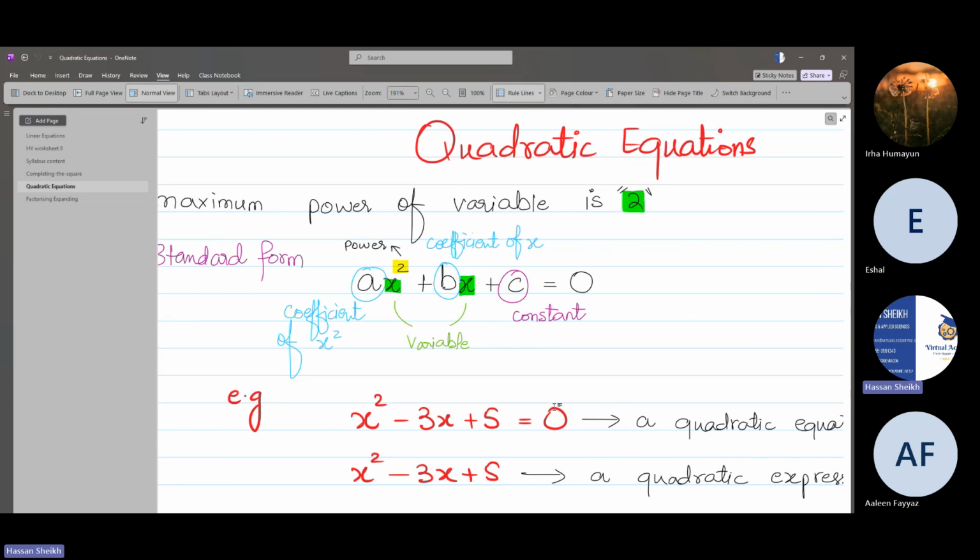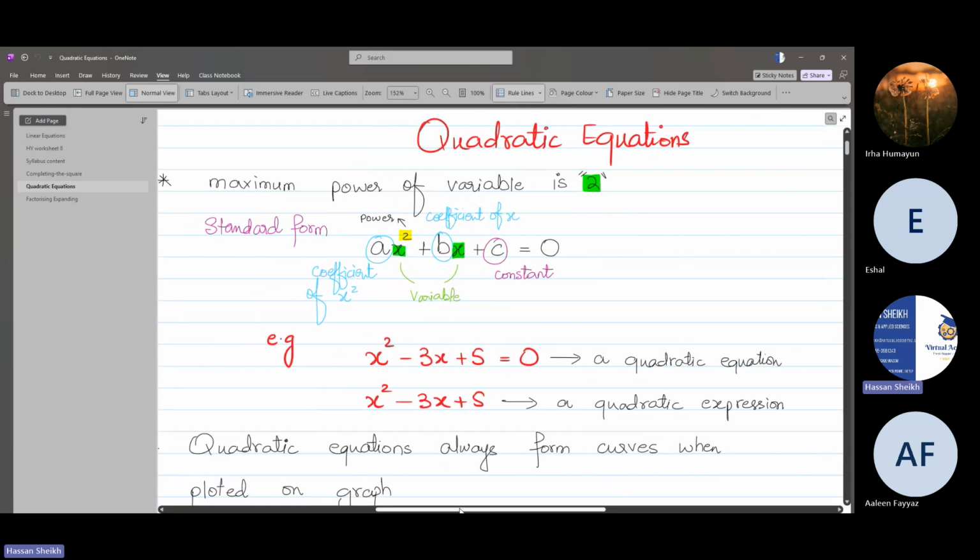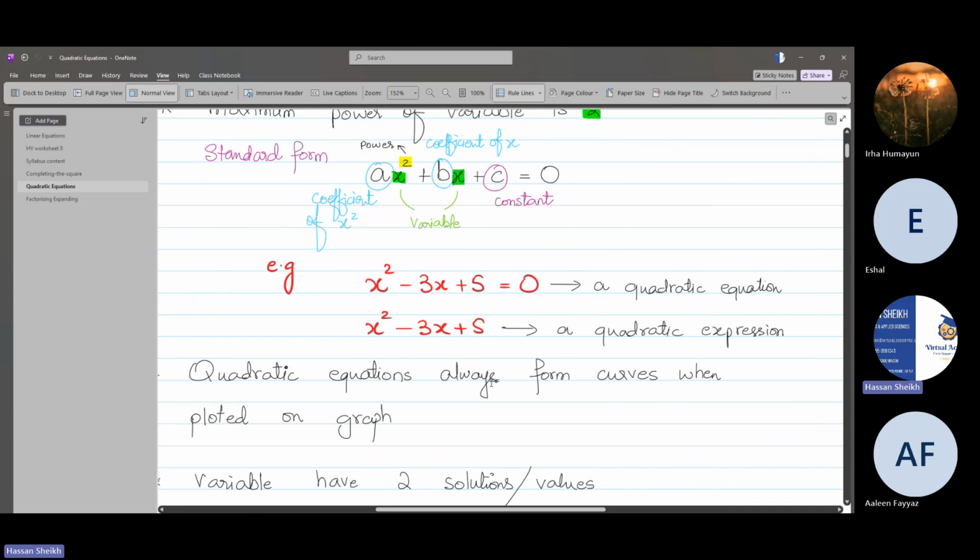But do you agree that a is the coefficient of x squared and b is the coefficient of x and c means the constant term? You need to remember that when a quadratic equation is written in standard form, a means the coefficient of x squared, b means the coefficient of x, and c means the constant term.